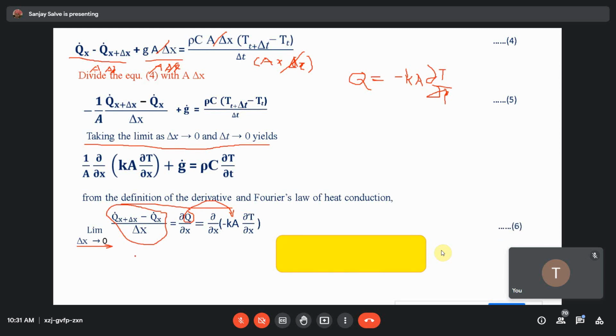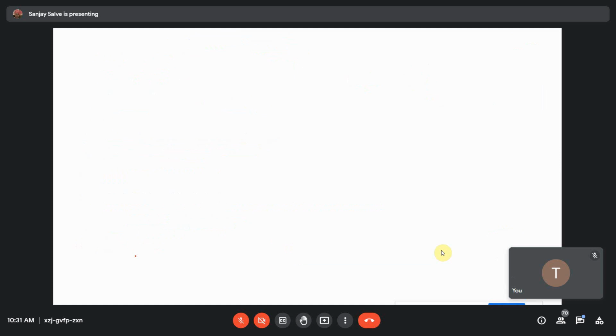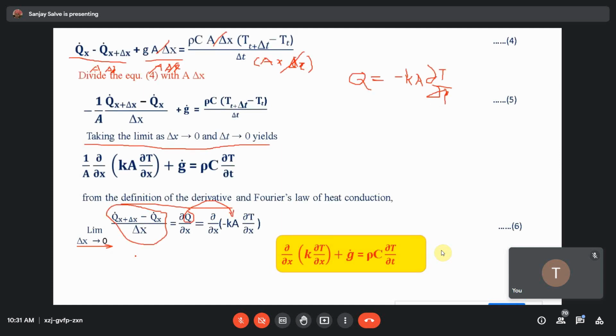So I can write here dabba by dabba x into k dT by dx plus g dot is equal to rho cp dT by dt. Correct? Any doubt with this?